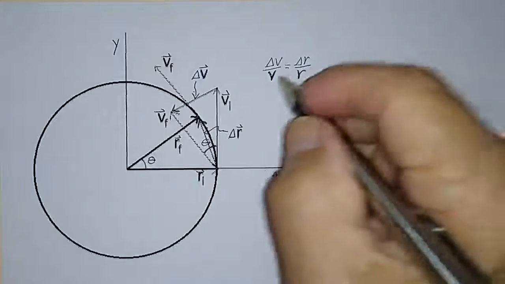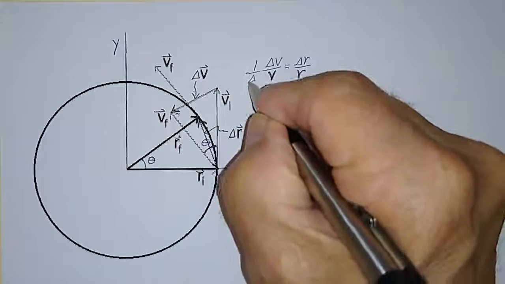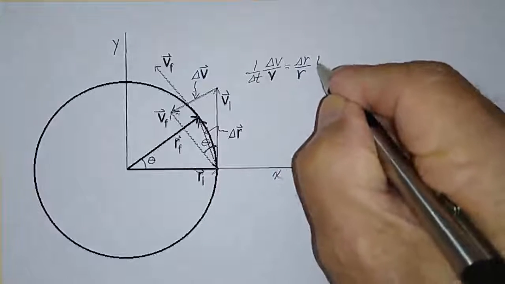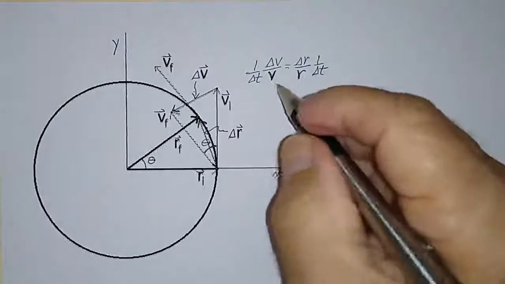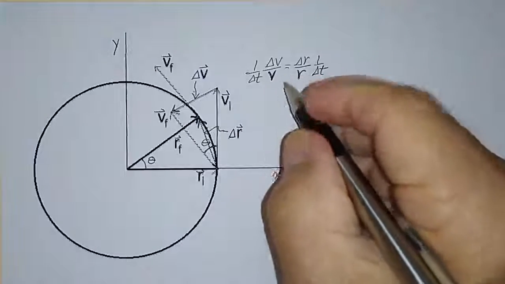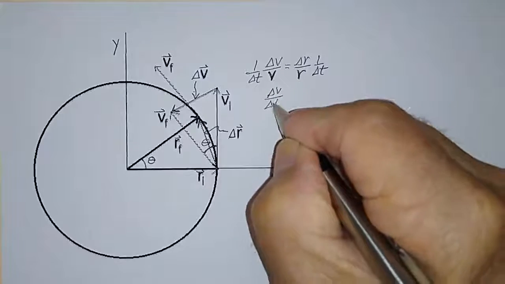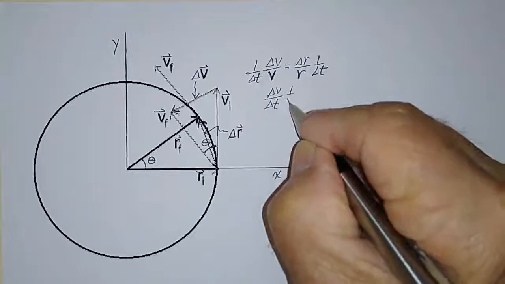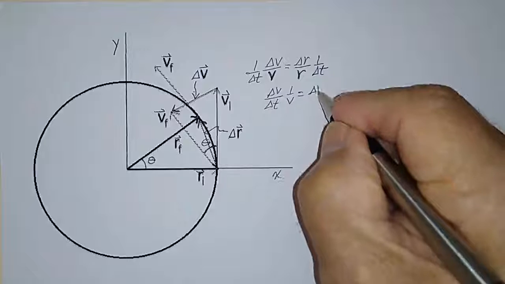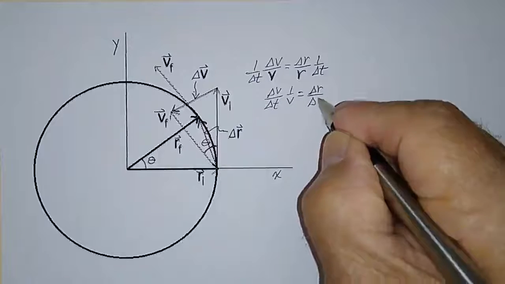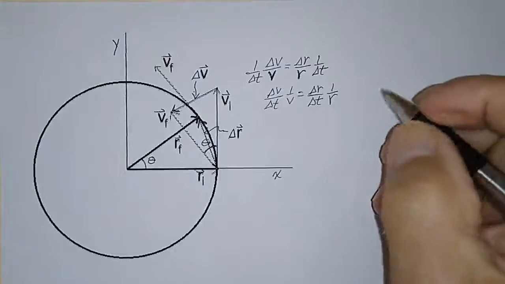And if I divide both sides of this equation by delta t, 1 over delta t here and 1 over delta t here, then on this side I have delta v over delta t, 1 over v is equal to, I have delta r over delta t, 1 over r, like that.